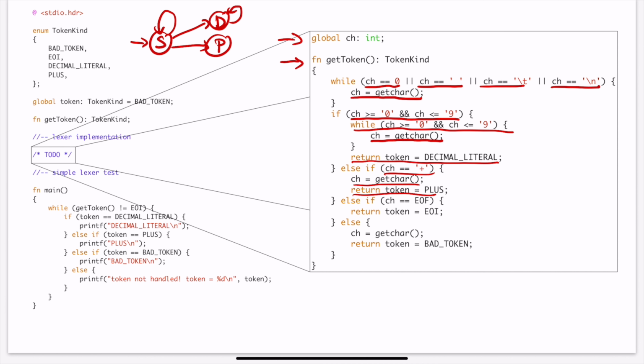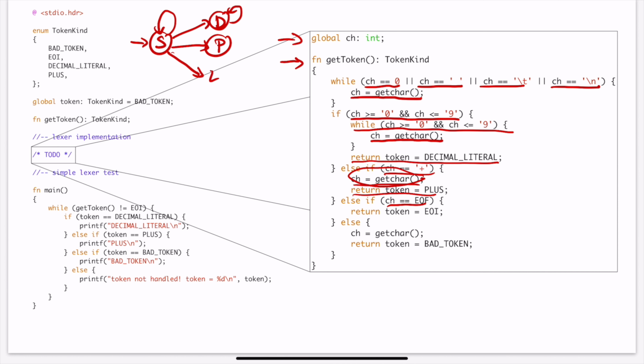A special case is if we get an end of file, then we actually don't have to keep this card and pick the next card, because when you reach the end of file, there is no next card. So here is no ch get character.